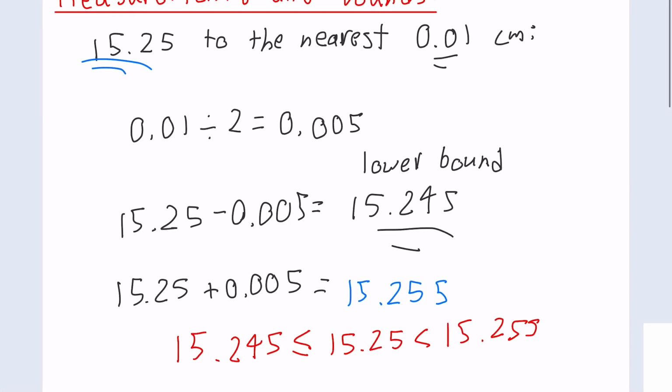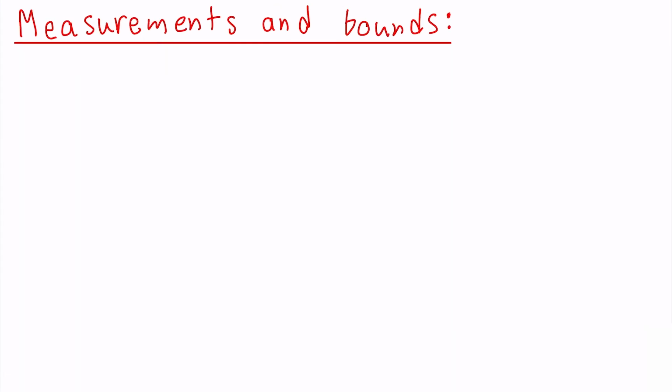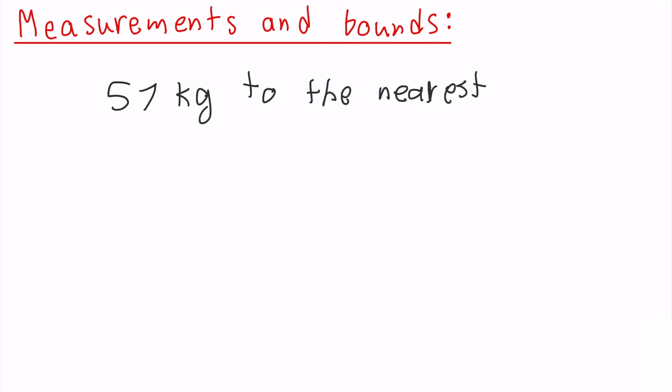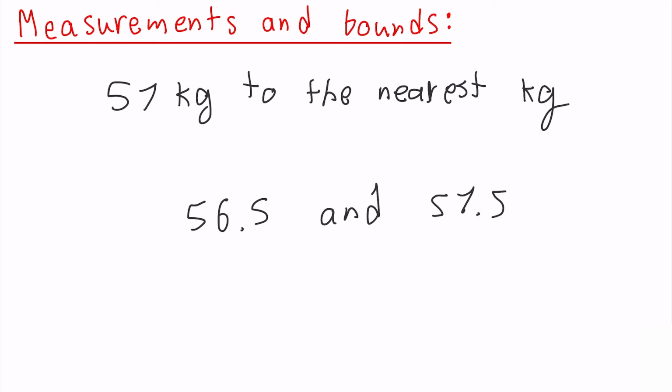Okay, let me give you another example. If you say, for example, that your mass is 57 kg to the nearest kg, then actually it could be between 56.5 and 57.5, as here the first unit from the right is the 1s unit.